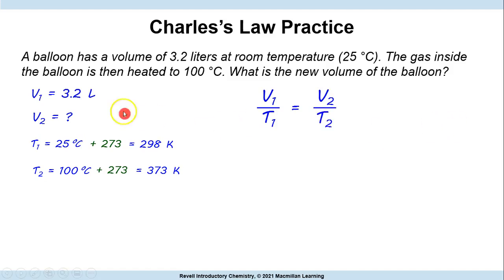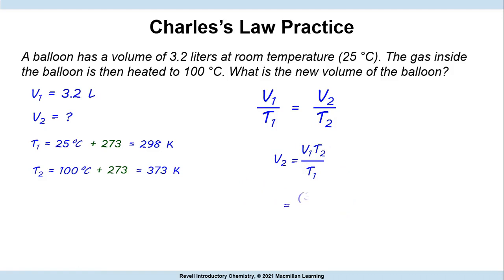In this case, we want to make V2 the subject of the formula. That will give you V1 times T2 over T1. So we have all the information: we have V1, we have T2, and we have T1. We substitute the values here and cancel out the units, and then we are left with the unit of volume, since we are looking for V2.